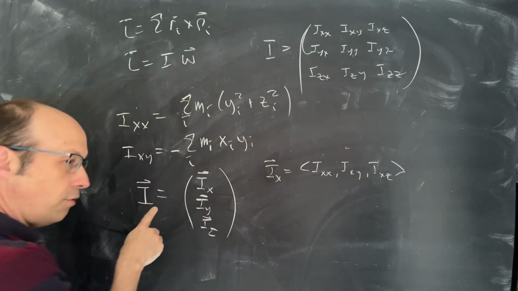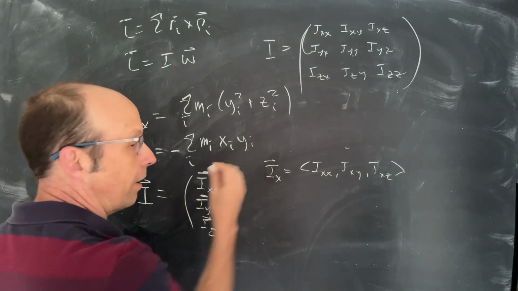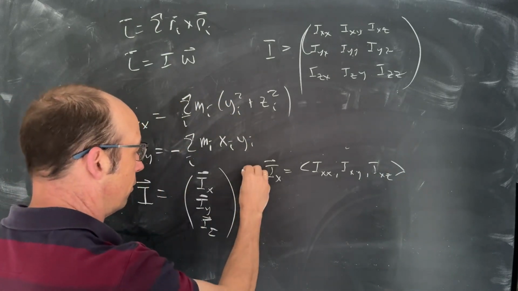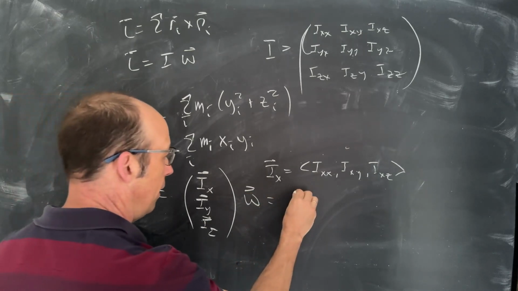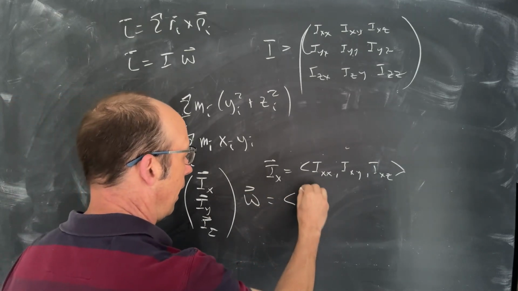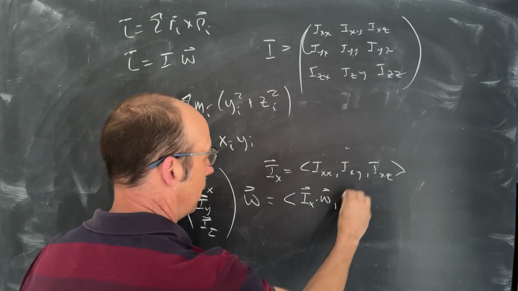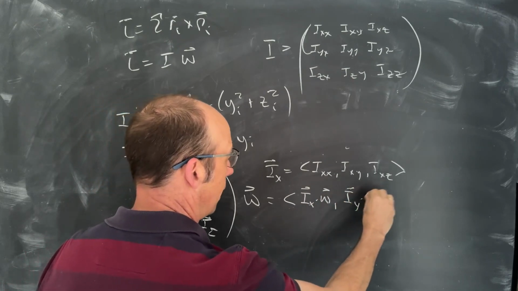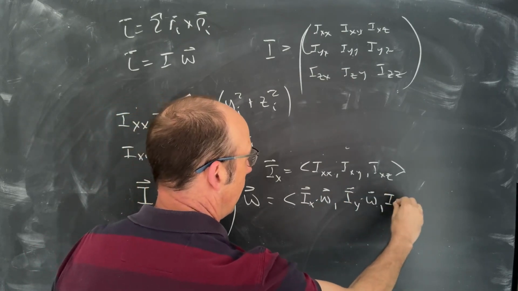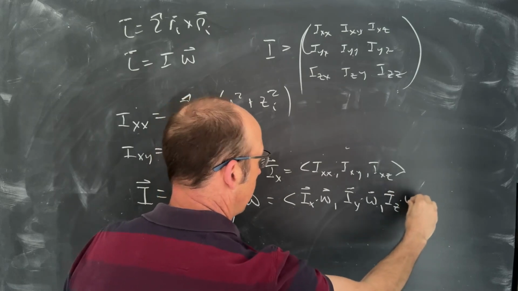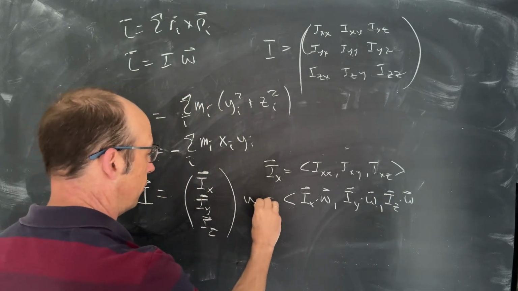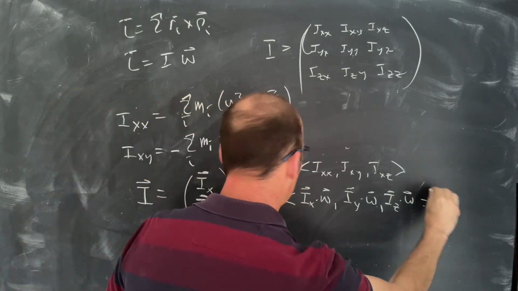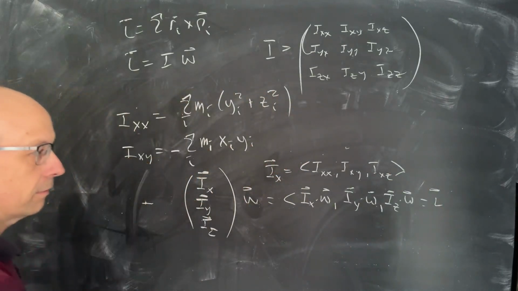So if I do that and then I operate this with a vector omega, what I need to do is to say this is going to be the vector Ix dot omega, Iy dot omega, Iz dot omega. And that would be my angular momentum L. So that's not I anymore.